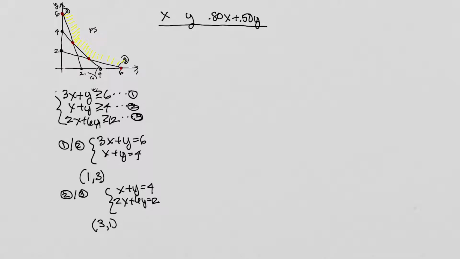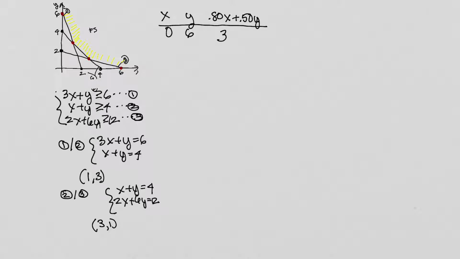So let's put our points in. From here, we'll get 0 and 6. And if we put x equals 0 and y equals 6 into the expression here, we are going to get 3.